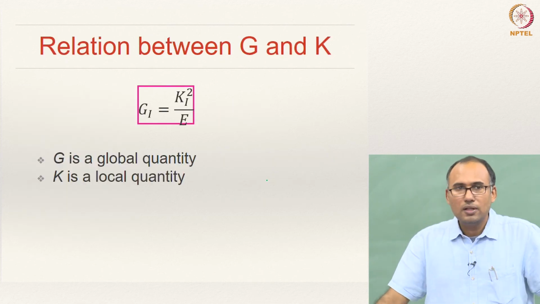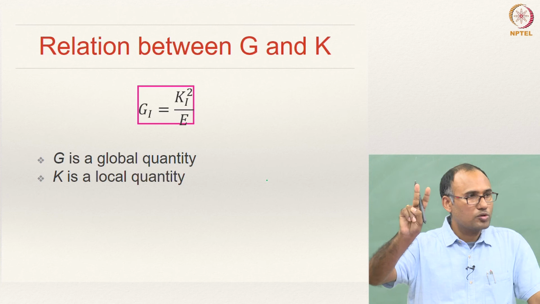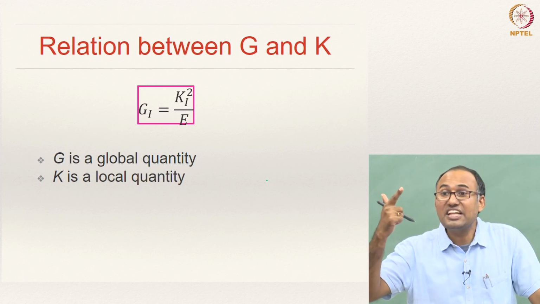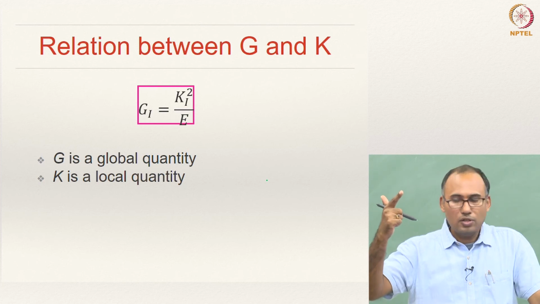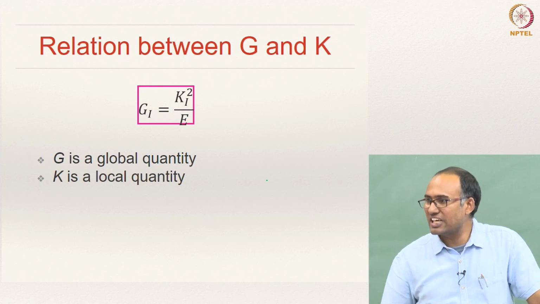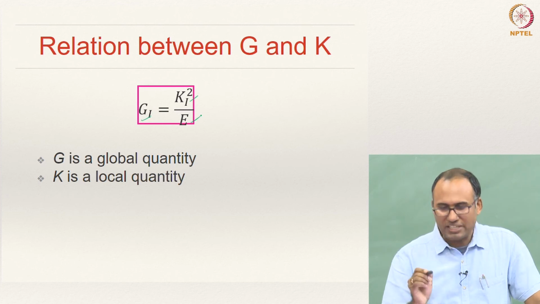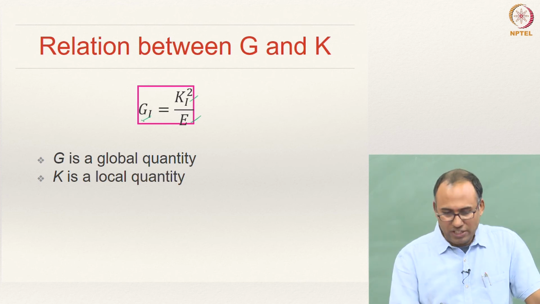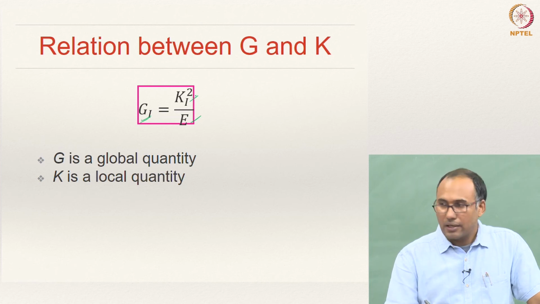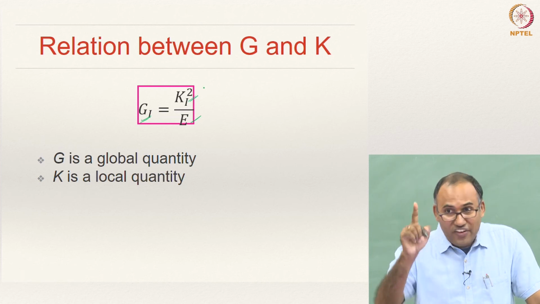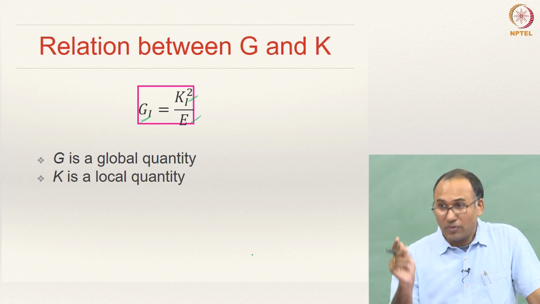All right. So we have talked about two quantities: energy release rate and stress intensity factor. There is a relation between energy release rate and stress intensity factor, that is G1 equal to K1 square by E. G1 is the energy release rate, K1 is the stress intensity factor. But the stress intensity factor, where did we define it? For a given crack length.